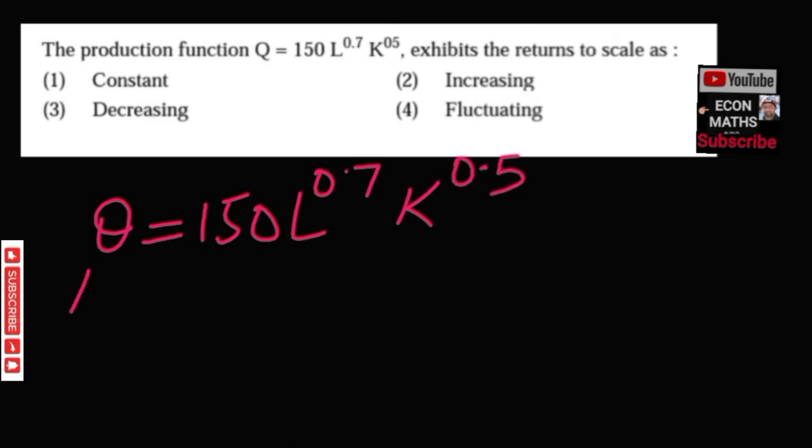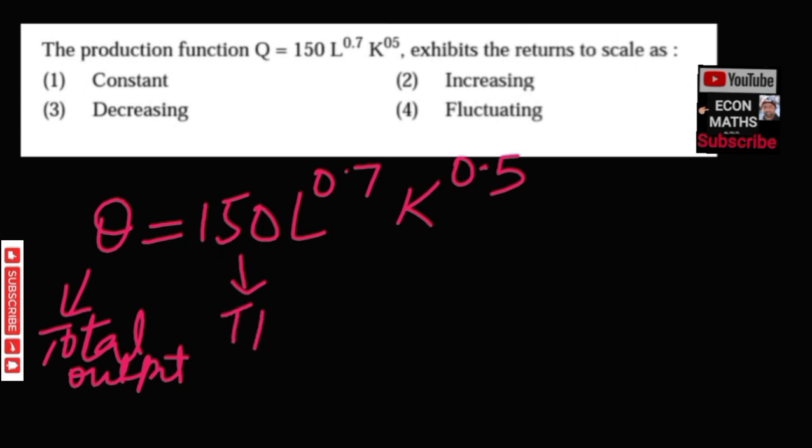Here this Q is the total output. This 150 is the total factor productivity or state of technology. It shows the change in the output that is not the result of the main factors of production, that are labor and capital.